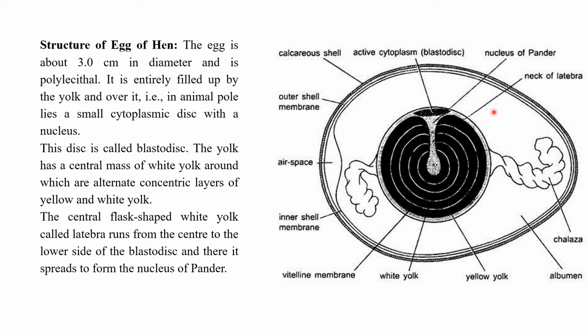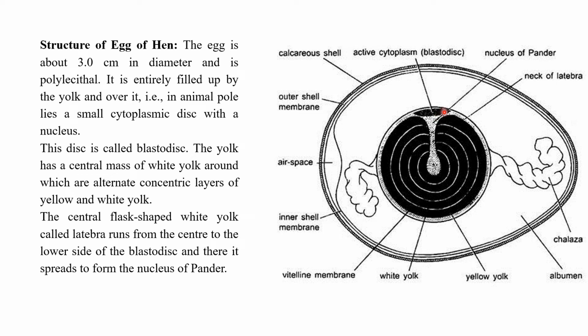You can see here this structure, the central yolky mass, which is composed of white yolk granules, or a flask-shaped structure. Okay, and this structure is called latebra. And this latebra runs from the center, from here, to the lower side of the blastodisc.